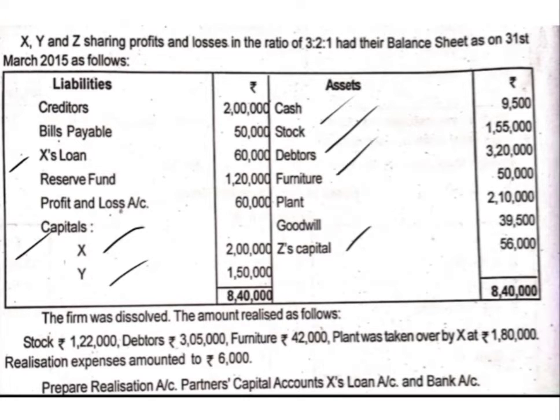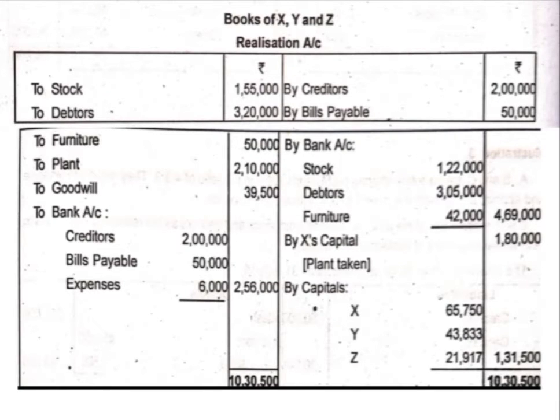These are the realizable assets which we have to transfer to the realization account at their respective book values, that is 1,55,000, 3,20,000, 50,000, 2,10,000 and 39,500. Let me show you the realization account. In the realization account, the entry will come on the debit side: to stock account, to debtors account, to furniture account, to plant account and to goodwill account. So the first entry is done.